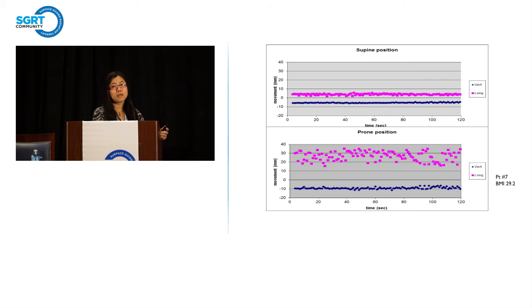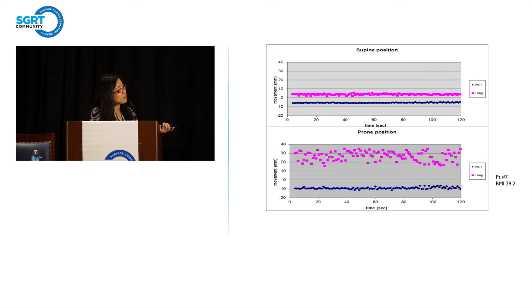This is the typical AlignRT tracking data for an obese patient, and the patient BMI is 29.2. I put both the vertical and the longitudinal. This is supine, this is prone.